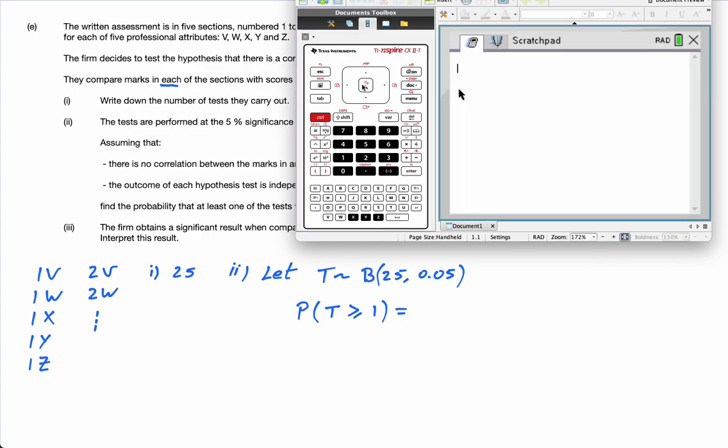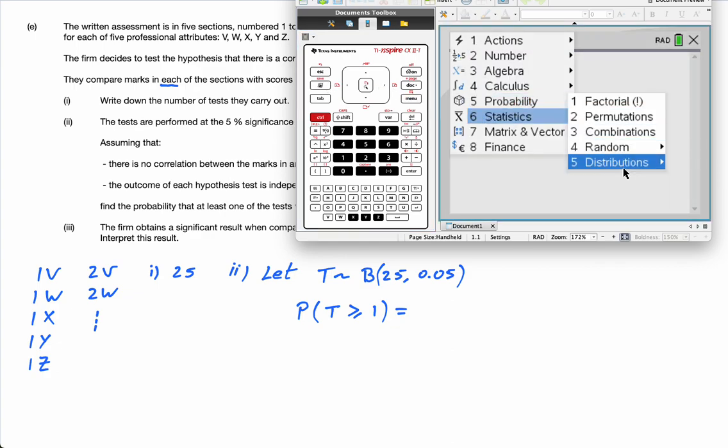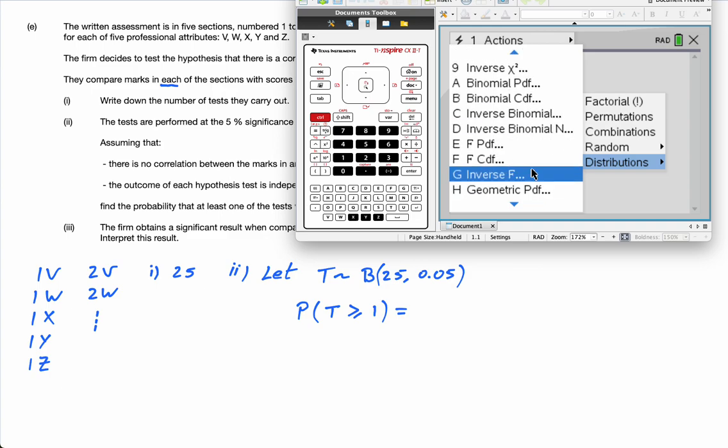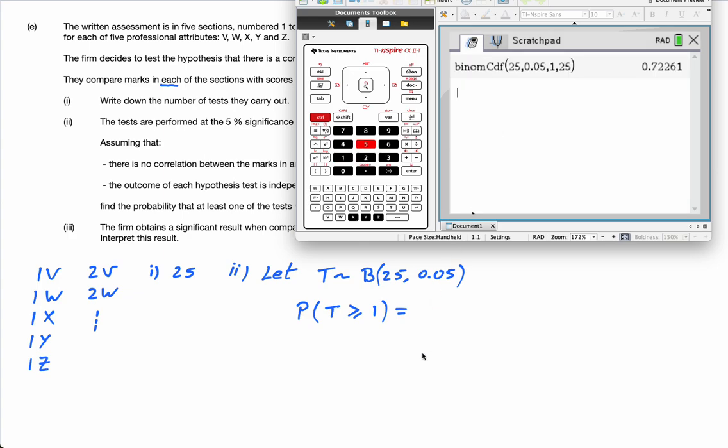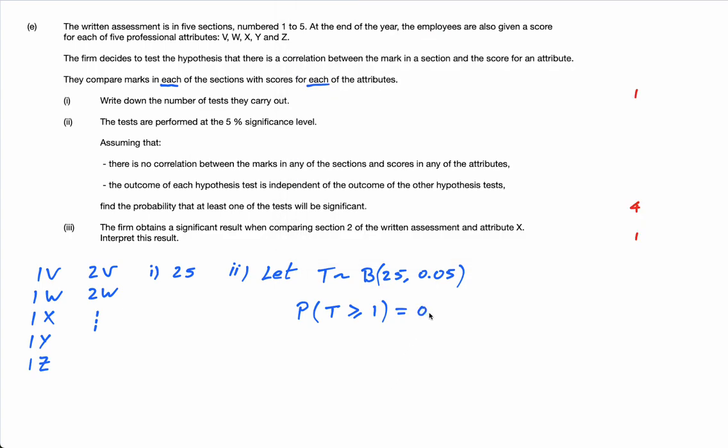So I'm going to go to menu, probability, distributions, binomial CDF, number of trials is 25, probability of success 0.05, lower bound is 1, upper bound is 25, press OK, and I get 0.72261. And that's it. That's the probability that at least one of them will be significant. 0.723.